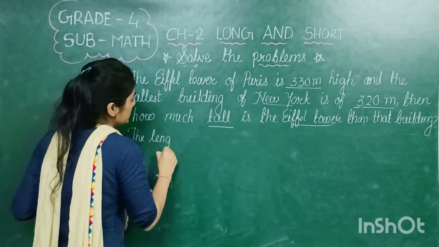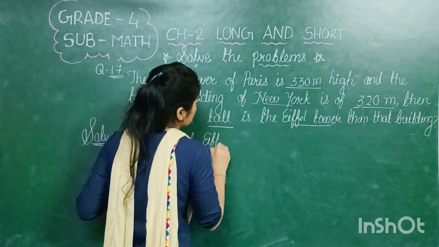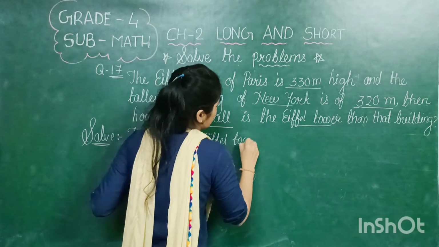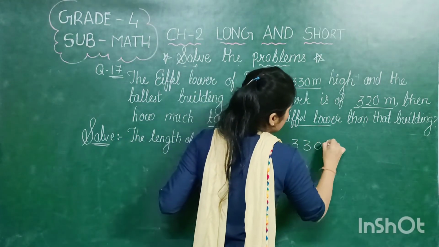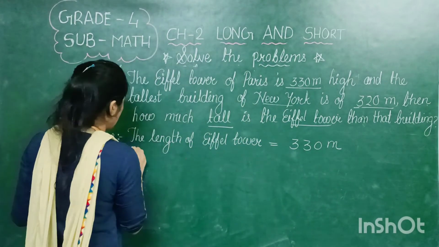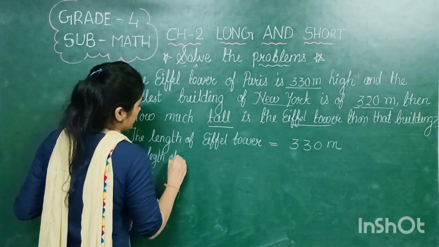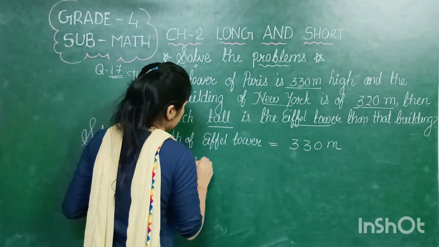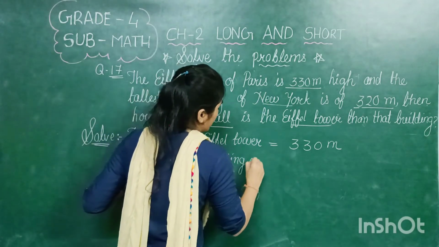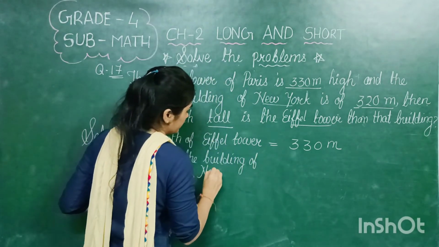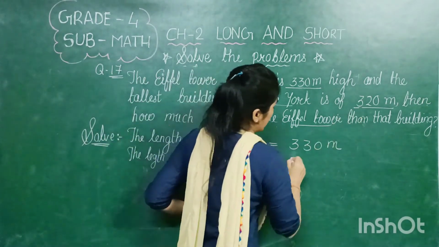The length of Eiffel Tower is 330 meter and the length of the building of New York is 320 meter.